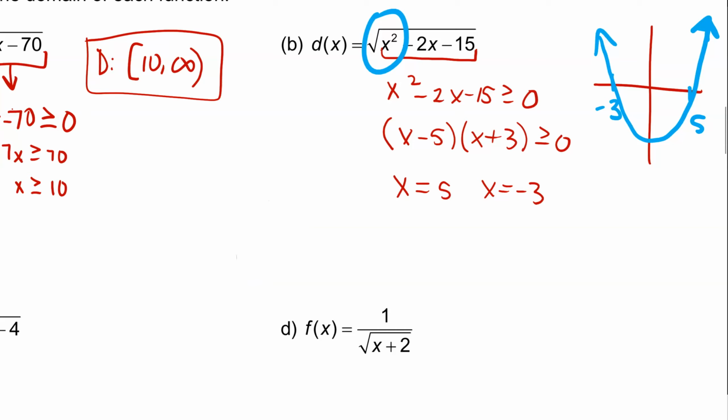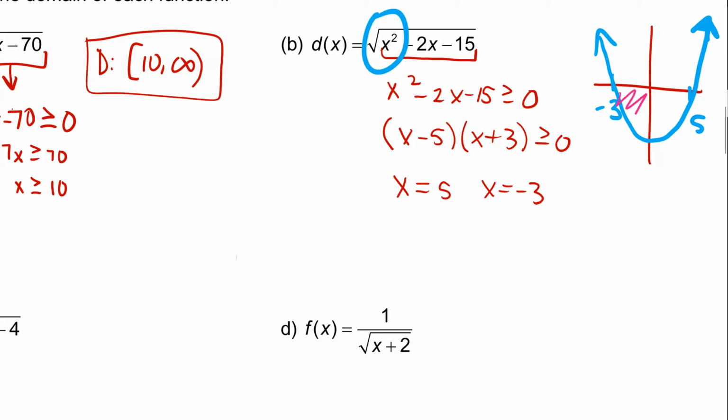Why wouldn't you just do this like you did the other one? Because there's a whole section where it can't be equal. I only want the x values where it would give me a positive number.